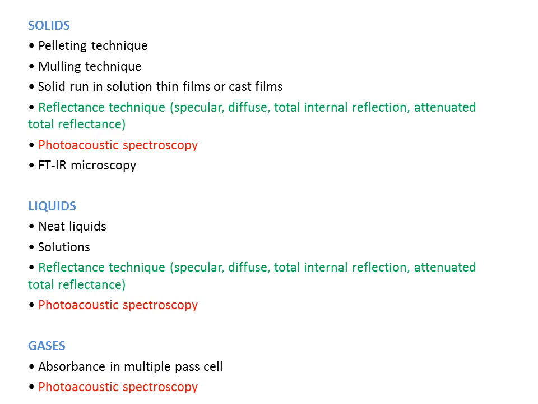The reflectance technique is used for solids as well as liquids, while photoacoustic spectroscopy is common to solids, liquids and gases. If you have a liquid sample, you can either handle it as a neat liquid, or put it in a suitable solvent and measure it as a solution. And for gases, you have a specially designed multiple pass cell.